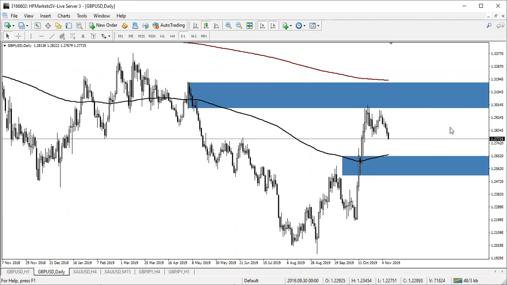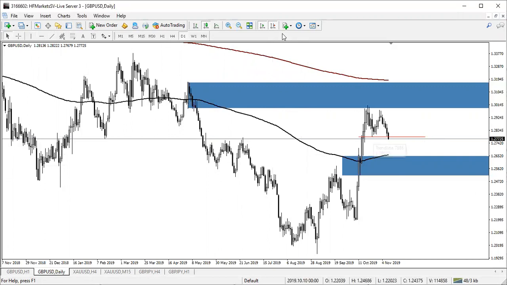So ranging from 1.2652 all the way down to 1.2514. If you take a look at this, price has broken the neckline.